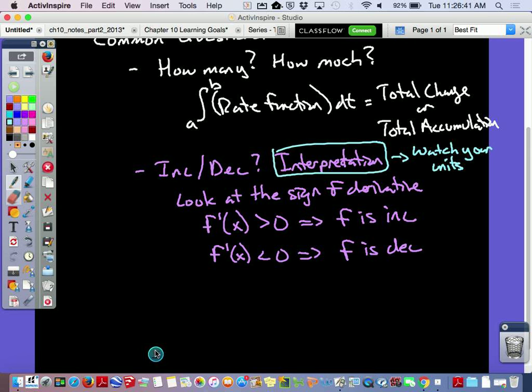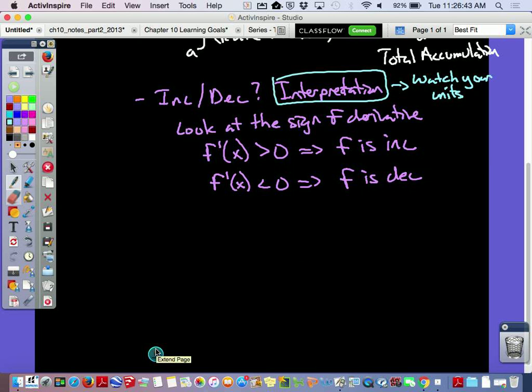Okay, another common type of question. You may be asked about finding an absolute max or minimum. Now, rarely will it actually say the absolute part, but it will just say minimum or maximum.